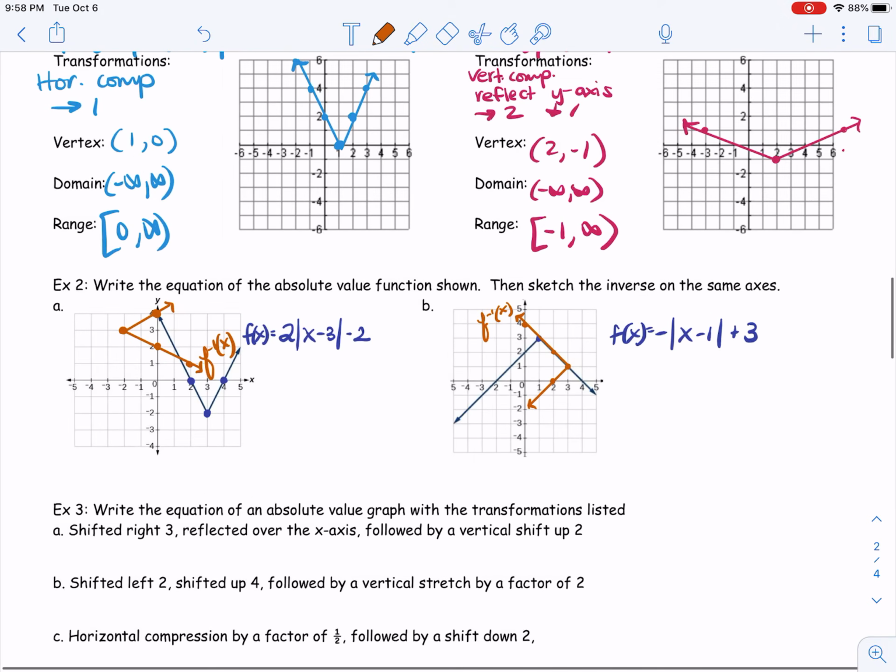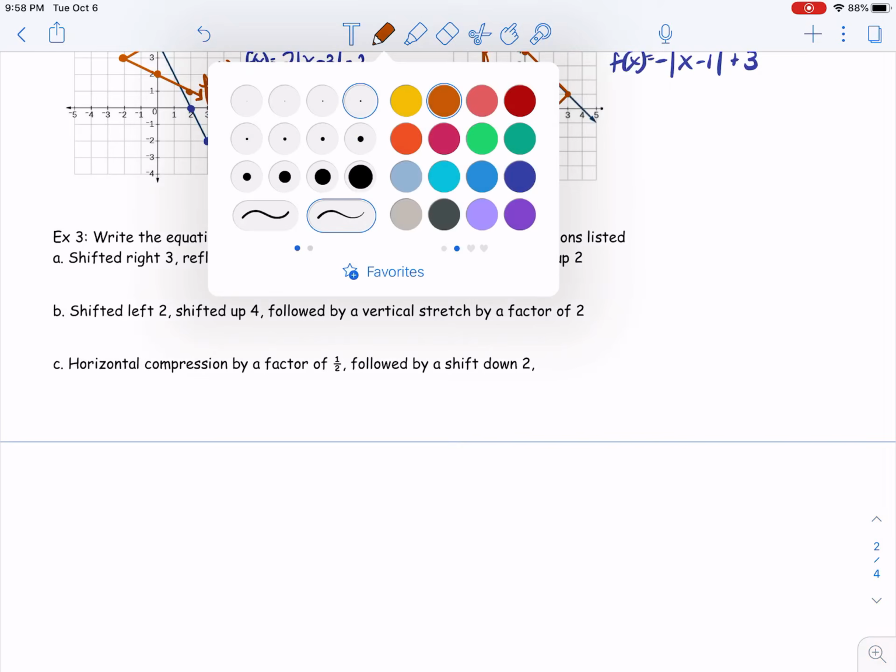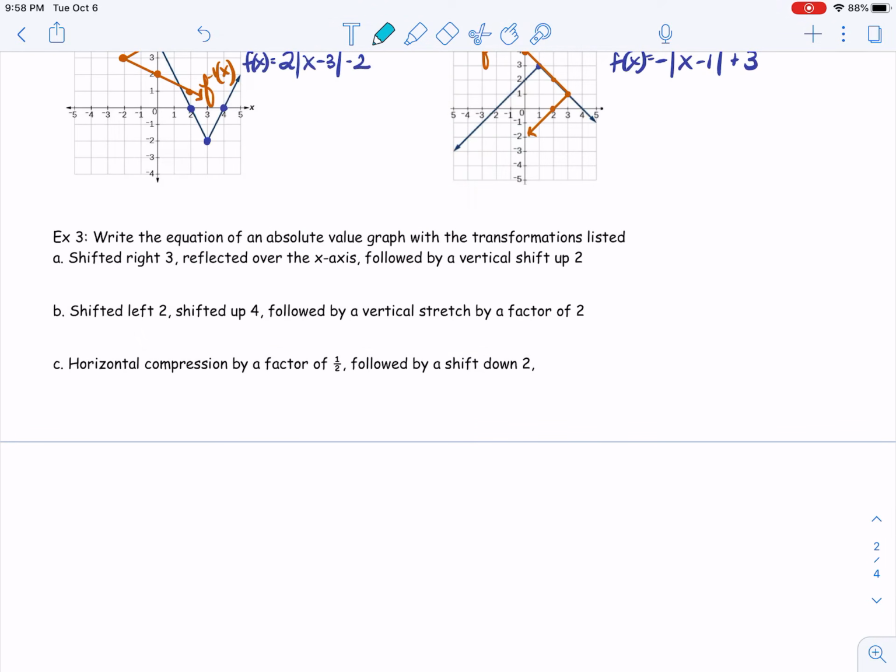All right. And then the last section. It says, write the equation of an absolute value graph with the transformations listed. So we are listing the transformations, and then you are writing the function based on that. So the first one says it's been shifted to the right 3, reflected over the x-axis, followed by a vertical shift up 2.